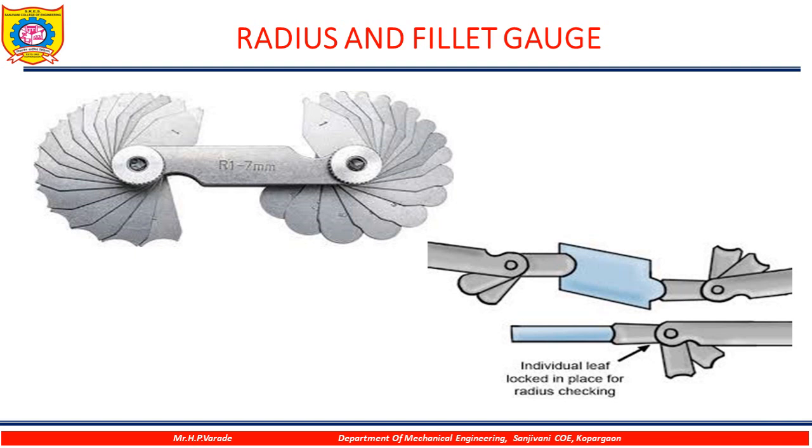So it consists of blades which at one end have the external radius formed and at the other end the internal radius formed. Wherever internal radii are formed, that is called a fillet. So that is called fillet gauges. It is suitable for both radius as well as fillet measurements.